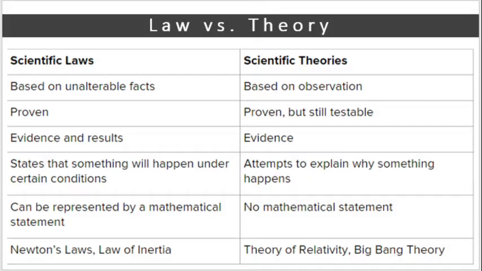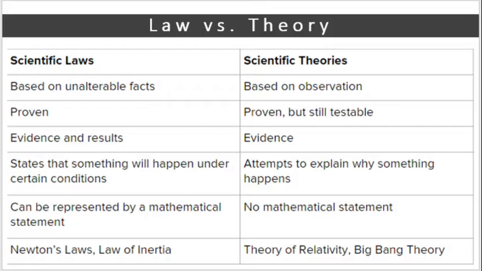Okay, from watching the video clip, you learn that a concept in science can either be a law or a theory. This table in my slide shows the difference between scientific laws and scientific theories.